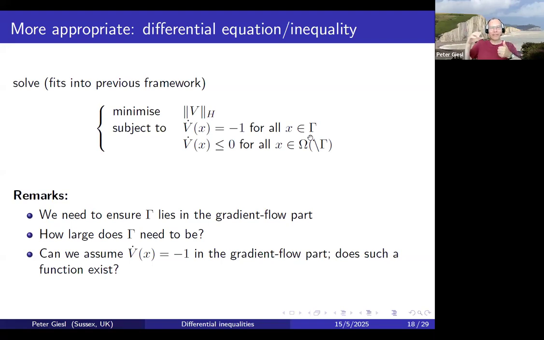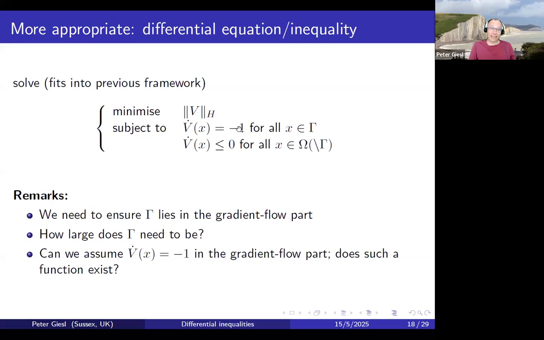If we happen to choose the gamma in the part where it's actually 0, then again, it doesn't have a solution. So the question immediately is, how large does this set gamma need to be? And the minimal set you can think of is just 1 point. So we actually will show you examples where this is really just 1 point, and for the other points, we don't specify whether it's 0 or -1 because we don't know. We want to find out.